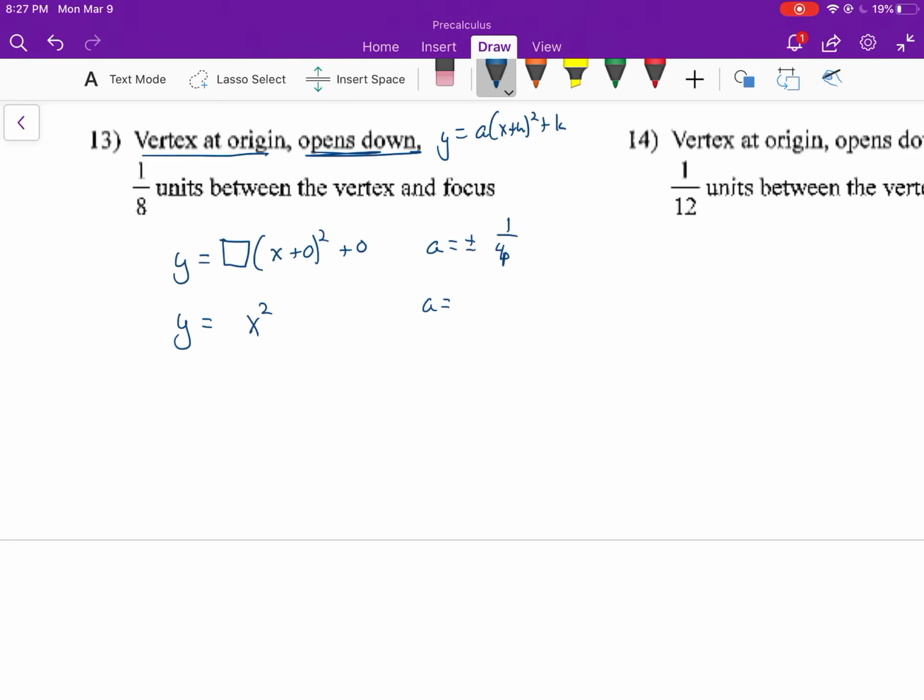Since it's opening downward, we know a has to be negative, so negative 1 over 4 times p. Well, p is the distance between the vertex and the focus, which is just 1/8. And so a is negative 1 over 1/2, which is negative 2. We can put that right in our equation, and there is the equation of the parabola for number 13.